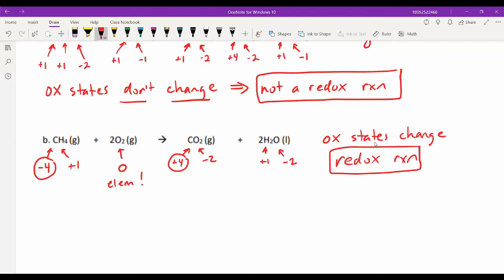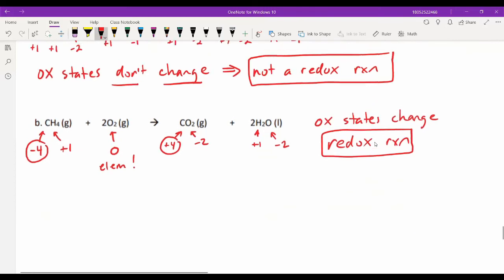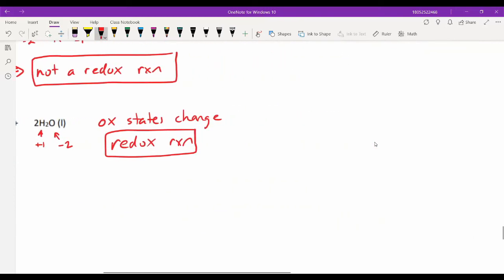Okay, so now we wanted to also identify what's oxidized and reduced, the oxidizing and reducing agents, and the number of electrons transferred. What I would recommend, which I have on my end of the worksheet, is some kind of mnemonic. I like this one with the arrows.